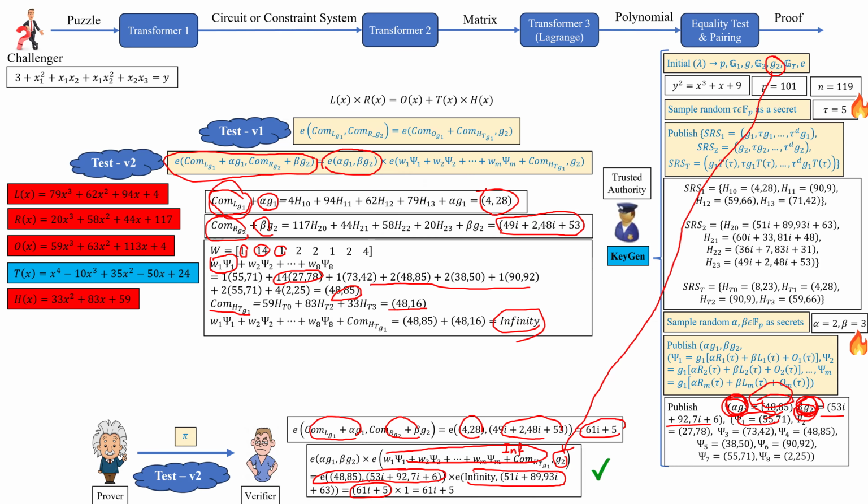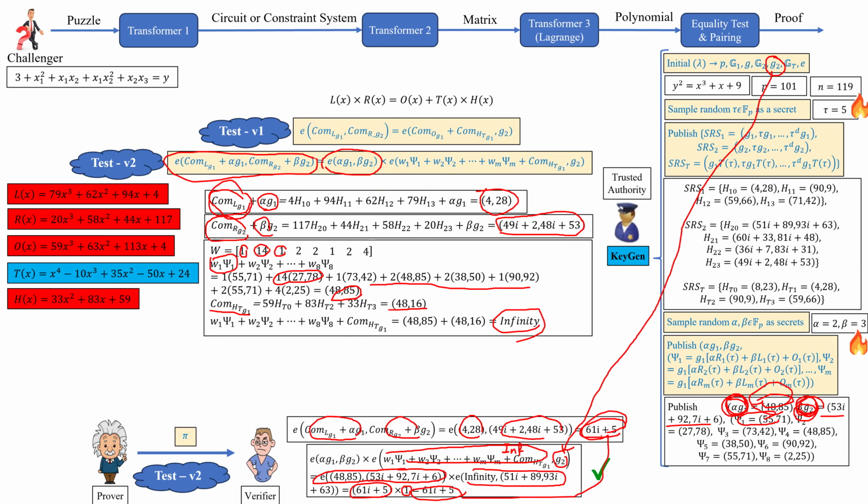You can use our website, and you will see that the pairing of these two elements equals 1. And 1 multiplied by 61i plus 5 equals 61i plus 5, right? So you see that these two values are equal to each other, right?